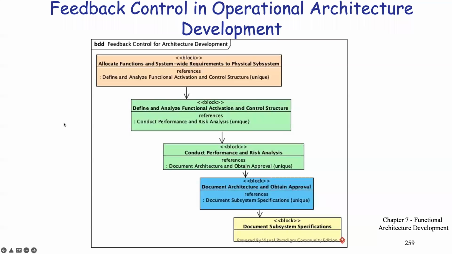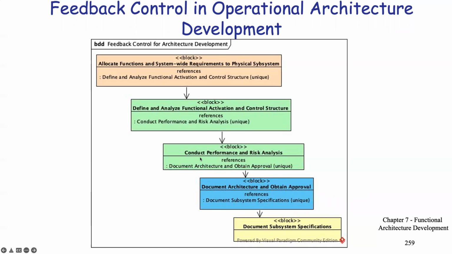So using SysML, here is a way of capturing the feedback control and operational architecture development. And I'll show the IDEF0 in the next chart. So we have a waterfall of events. You allocate the functions and system-wide requirements to the physical subsystem. You define and analyze functional activation and control structures.